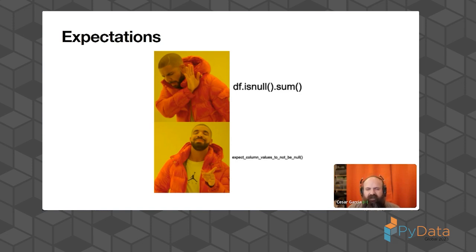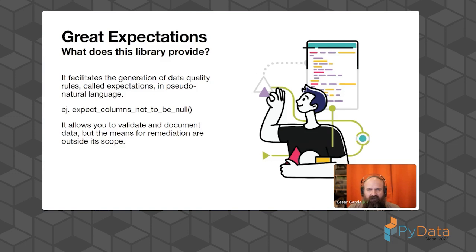This reads much better and is much simpler to follow along. So Great Expectations enables you to write these checks. One thing to consider is that Great Expectations is great to validate your data and document your data, but it will not fix the data problems for you. You need to do that on your own.